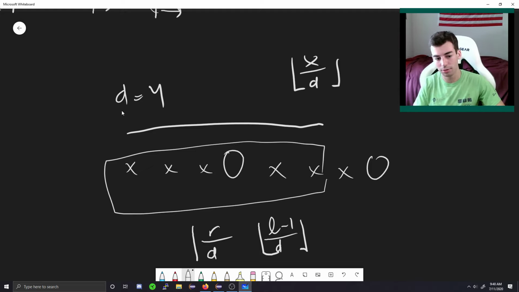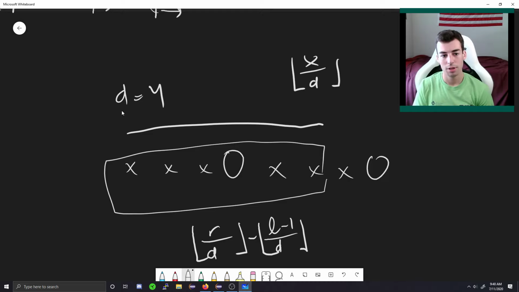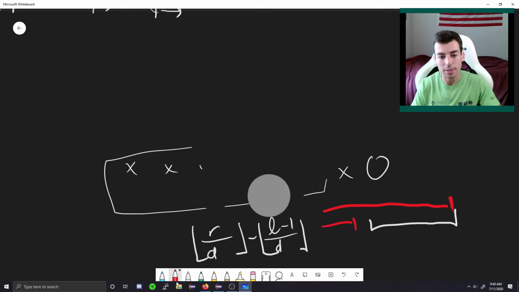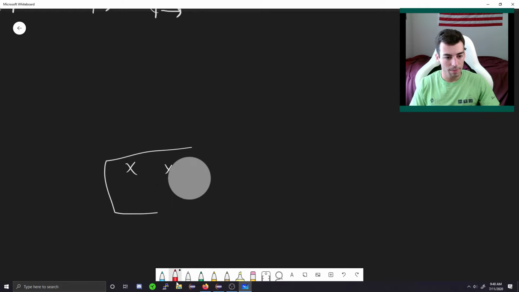So this will be your final answer. You want to see how many are there less than or equal to R, and then also how many are there less than L that you overcounted. So you subtract out those, then you're good to go. Awesome, so that's problem A.